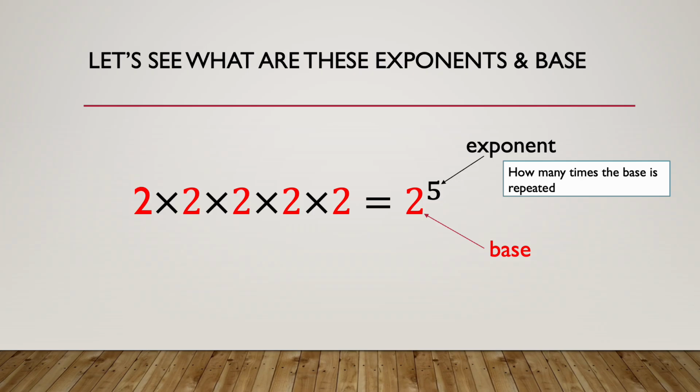So number 2, how many times repeated? 1, 2, 3, 4, 5. 5 times repeated, so that is the exponent, and the base is the number. Okay, let's go to the next slide.